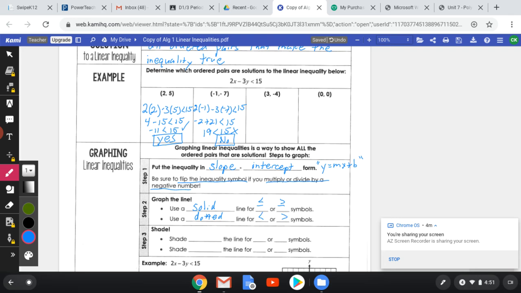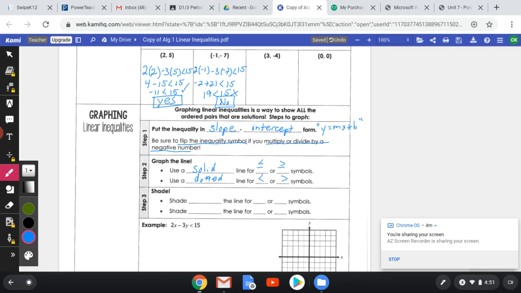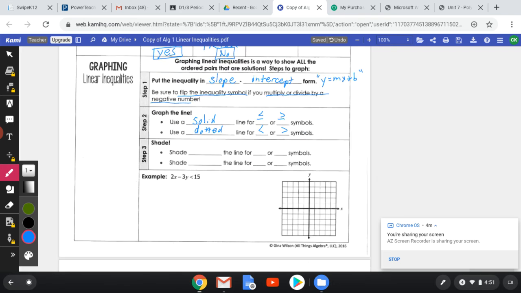And then we have what I mentioned before, shading. You're going to shade above the line for a greater than or greater than or equal to symbol, and you're going to shade below the line when it's a less than or less than or equal to symbol.